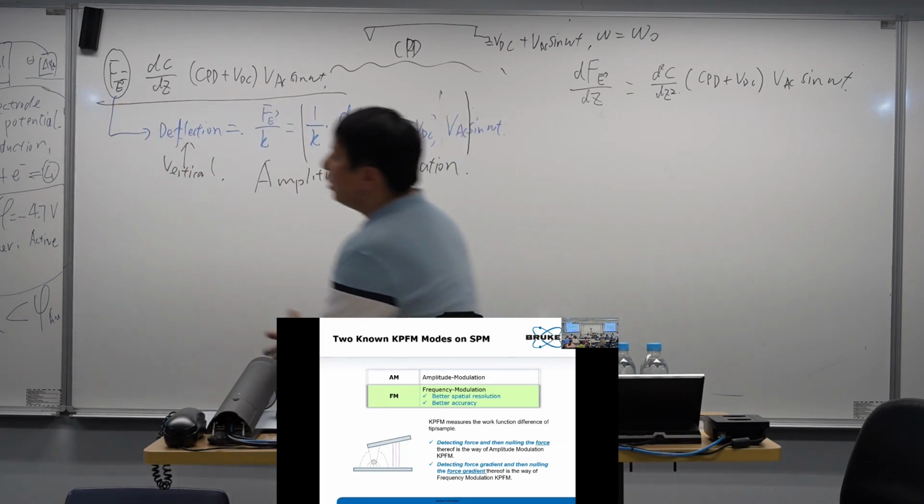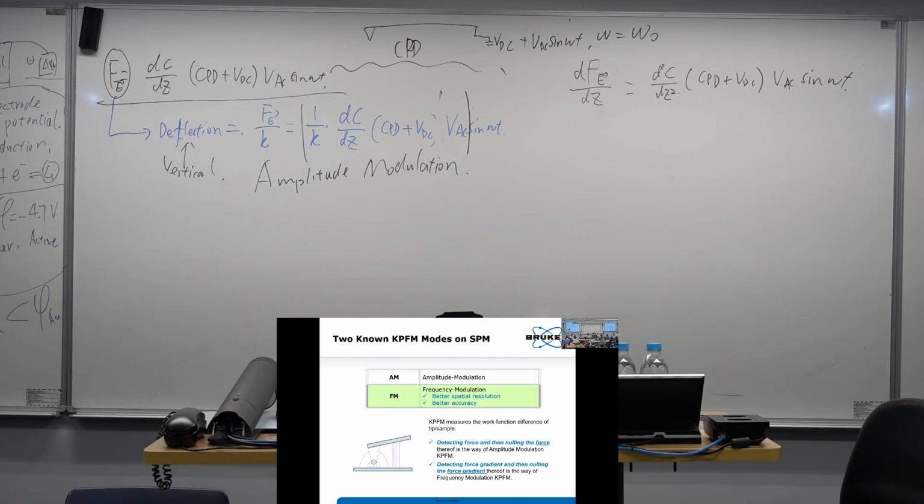But as we show in this slide, the whole probe is conductive. The whole probe forms a capacitor between the probe and the sample, so the whole probe can feel the electric field force from the sample.